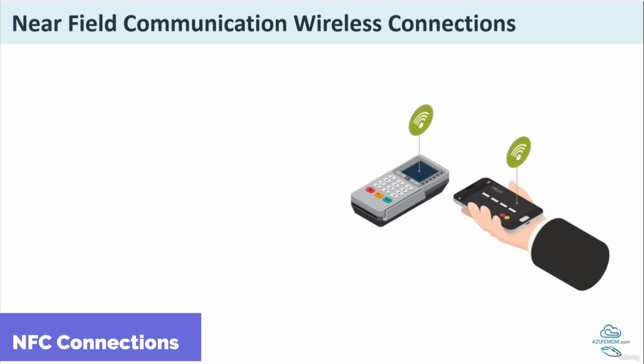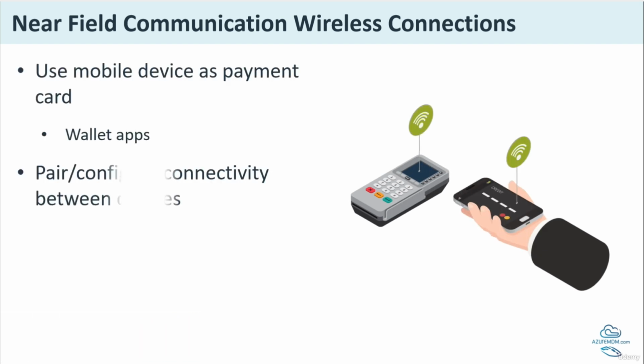Now, near field communication, wireless communication, that is NFC. Nowadays, you must have seen that you go to any mall or restaurant, you pay the bill just by tapping your phone on the device where you are making the payment.